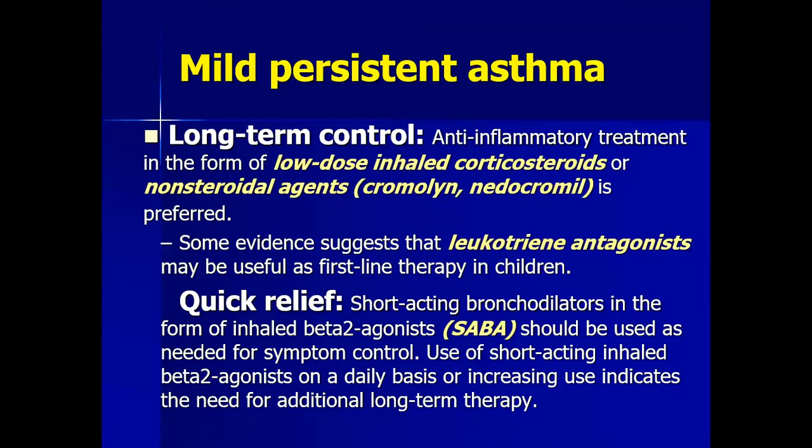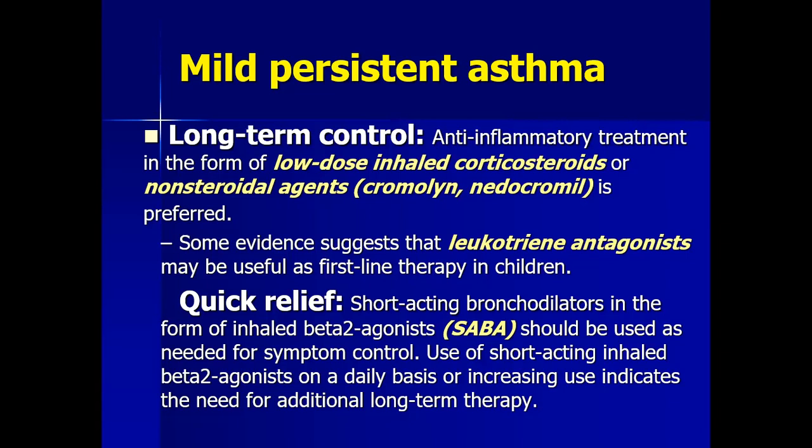Mild persistent asthma, long-term control: anti-inflammatory treatment in the form of low-dose inhaled corticosteroids or non-steroidal agents. Some evidence suggests that leukotriene antagonists may be useful as first-line therapy in children.